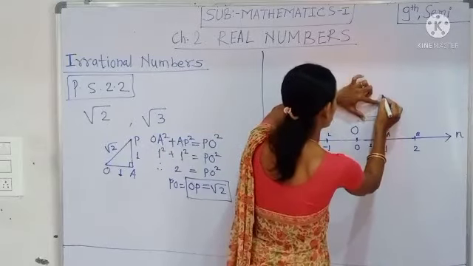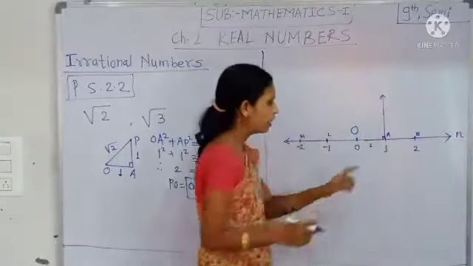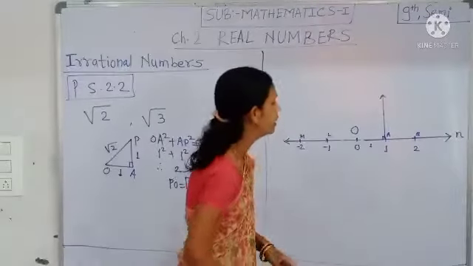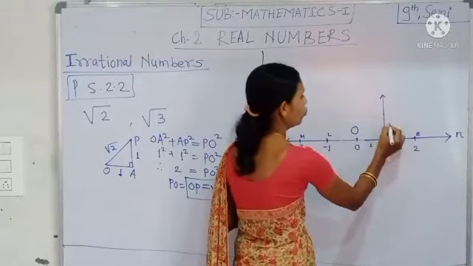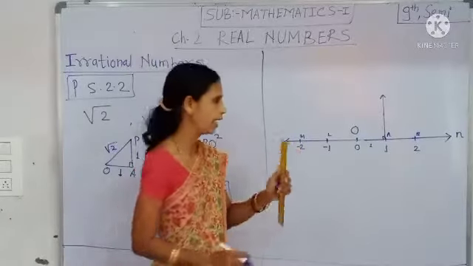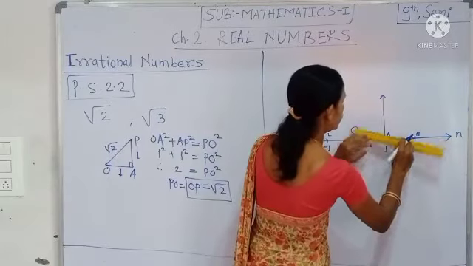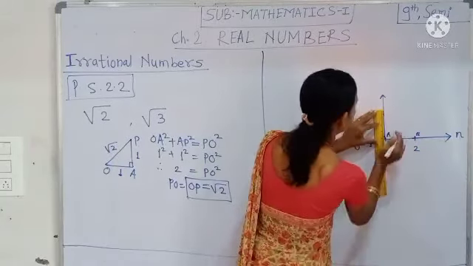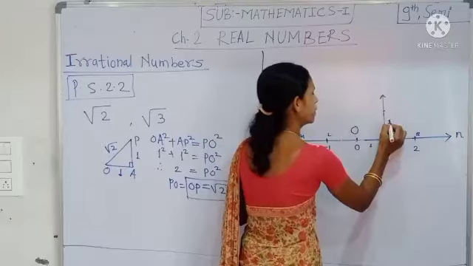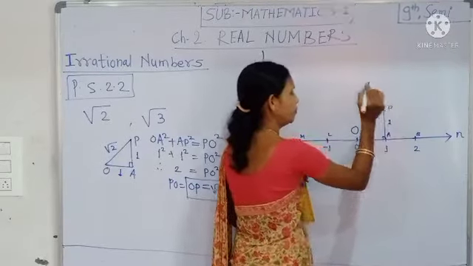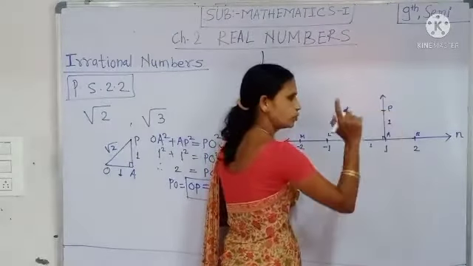Using the set square, we draw the perpendicular line passing through point A. Then we have to make a mark at 1 unit from point A. Since the distance OA is 1 unit, we mark 1 unit, which is known as point P. So the distance OA is 1 unit as well as AP is 1 unit.